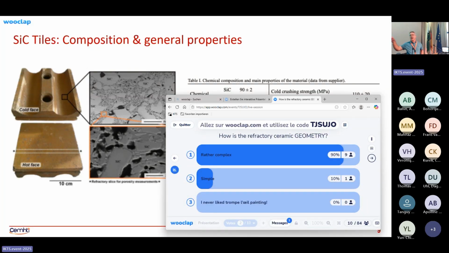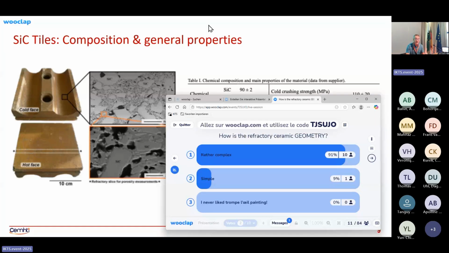And Jacques showed you that it was important to try to simulate the pressing of the tile because you want to control the porosity. The porosity is the porous network, it is the permeability, it is the possibility for the slag or the ash or the gases to infiltrate. So that's why it is important.